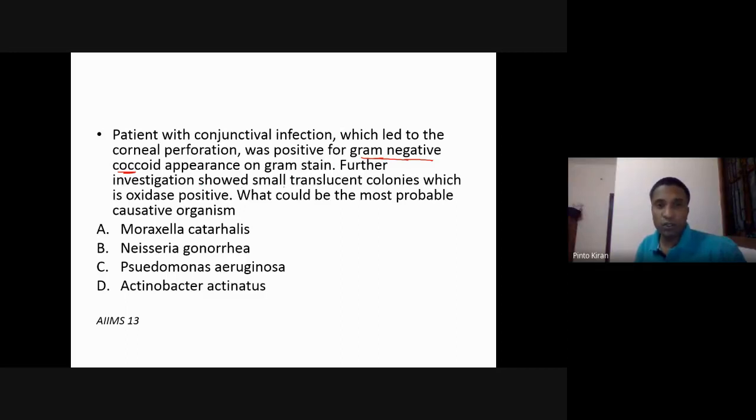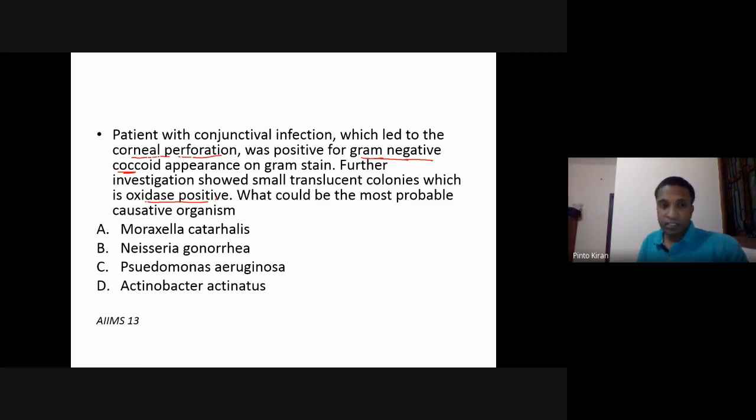Further investigation showed small translucent colonies which are oxidase positive. What could be the most probable causative organism? So you have to remember important words: corneal perforation, gram-negative infection with cocci, and oxidase positive.